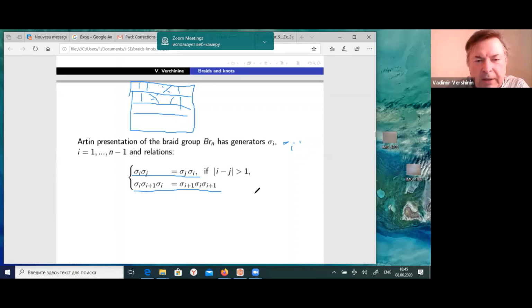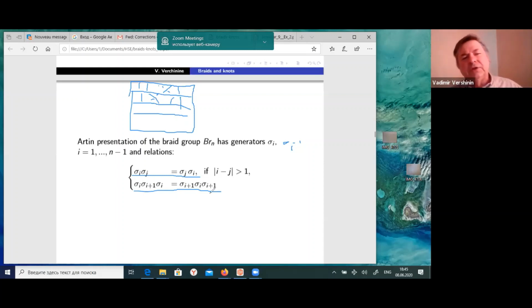In the same way, but a little bit more difficult, you can understand that if you consider all the relations, in the word of all relations, you can divide your relations into either these relations or these relations.